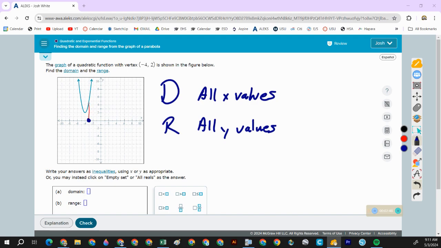If I go up here, yes, it exists right there. Does x equals 2 exist? It does. We can't see it, but this is going to continue forever. So if I go up high enough, I will find a point where x equals 2. What about x equals -10? Yes. So the domain of this is all real numbers.